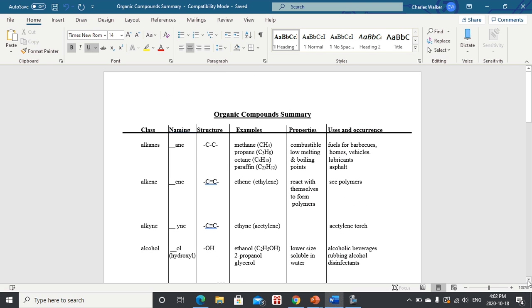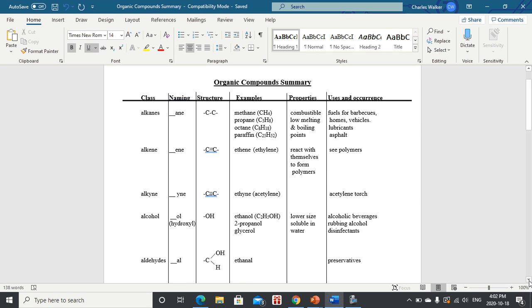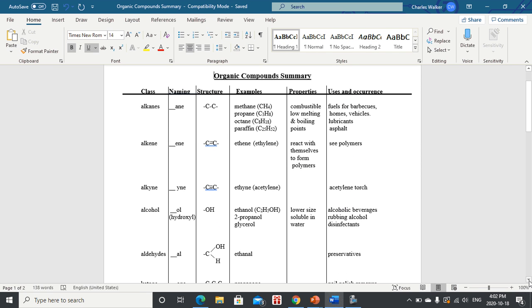I also gave you this document here, Organic Compound Summary. So this is definitely useful when you're learning how to identify the different classes of organic compounds and some strategies for how to go about naming them, and also properties of those particular organic compounds and some common uses of them. So this is what you're looking for in the structure.